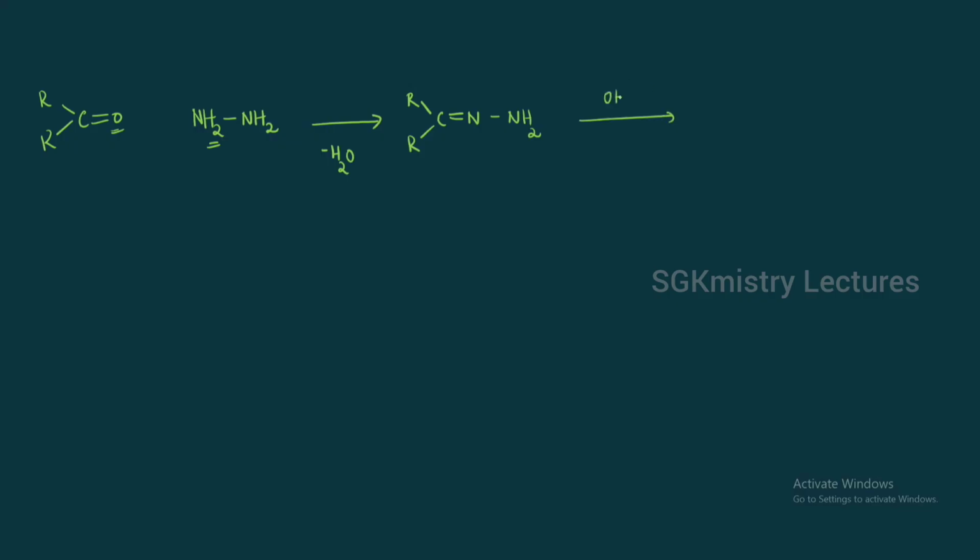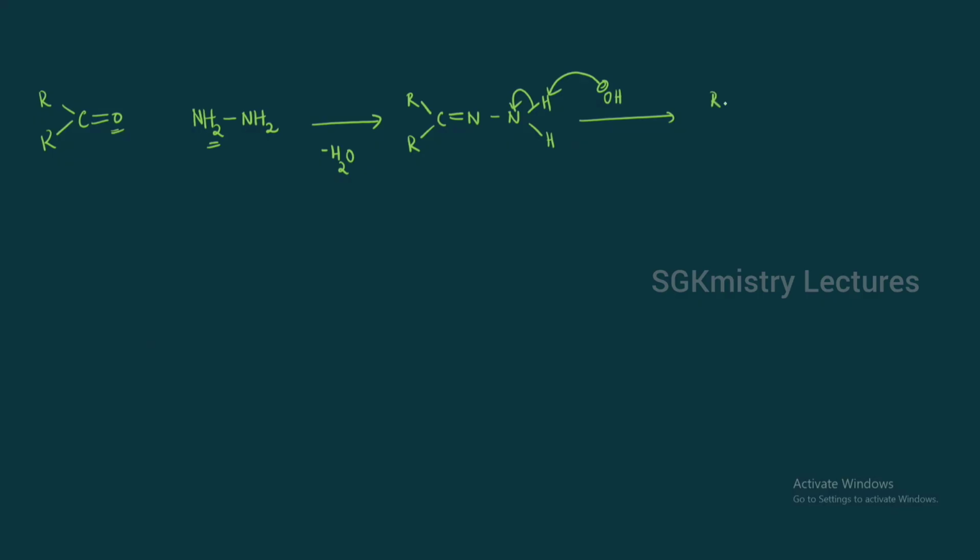Now in the presence of a base, let us say sodium hydroxide, one of the hydrogens will be abstracted by the base. Let me show it clearly in this step itself. So if I take here H and H, one of the hydrogens is abstracted by the base and this becomes N minus.